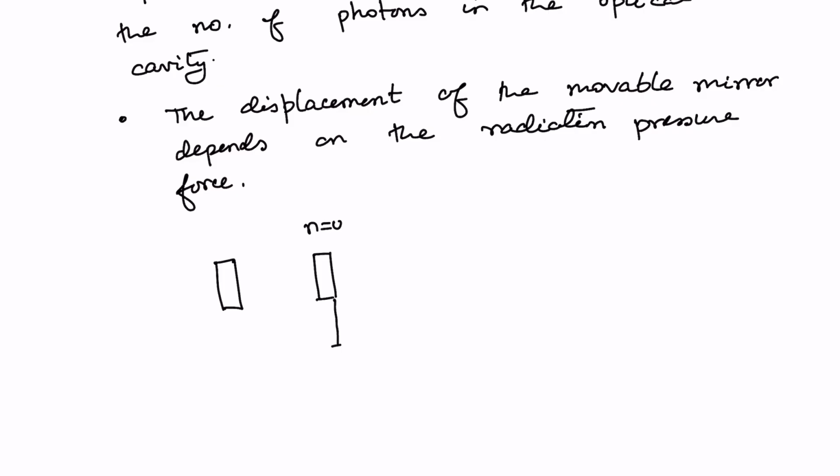But if there is a photon, I'm giving you an exaggerated picture by the way, displacement is not like this, but okay, you just get the idea that if the number of photons is increased, say n is equal to 1, the mirror is getting displaced further, and if the number of photons increases further, the displacement goes on increasing further. Okay, so this is what you have.